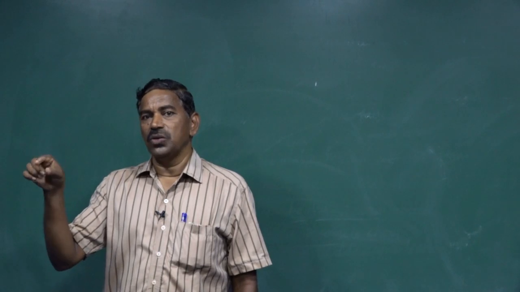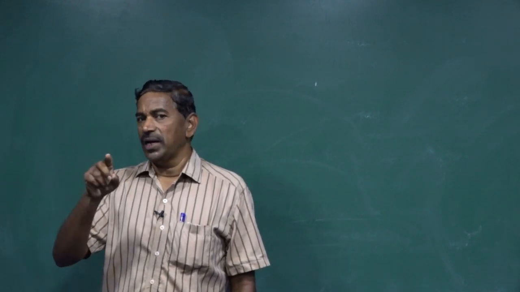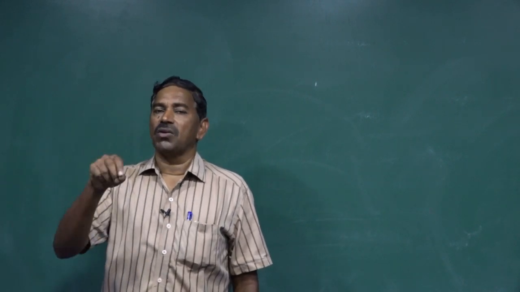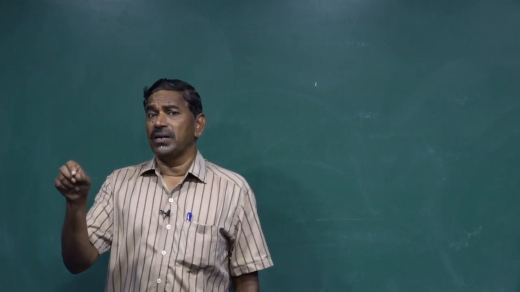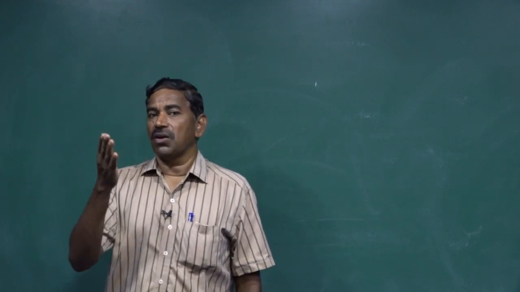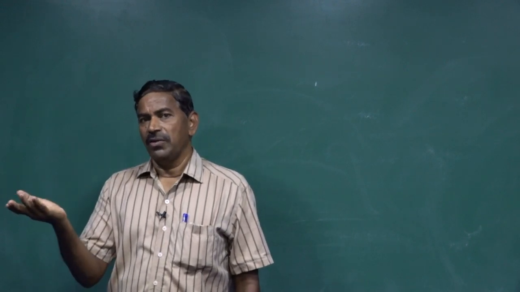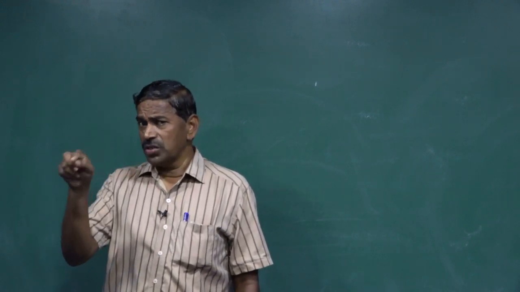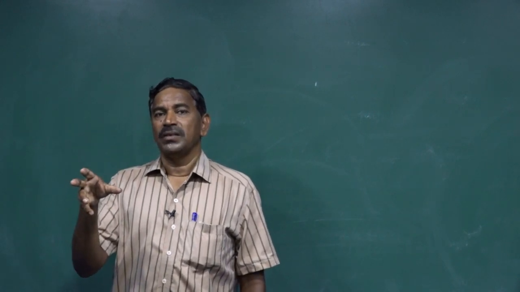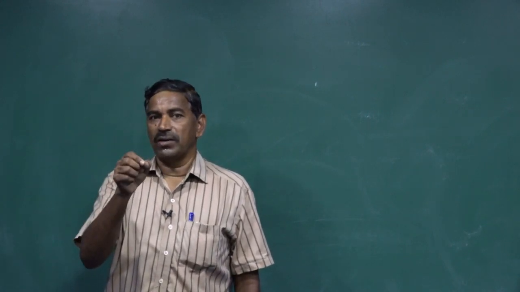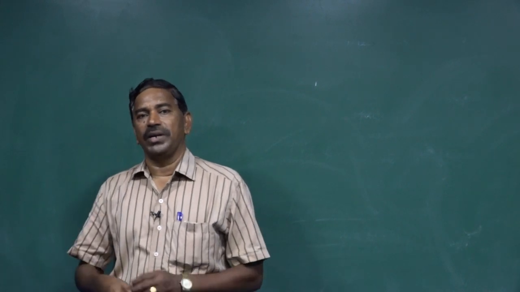That is sin 0 into n cap. Sin 0 is 0, so A vector cross A vector equals 0 vector. Similarly, B vector cross B vector equals 0 vector, C vector cross C vector equals 0 vector, X vector cross X vector equals 0 vector. The concept is that the cross product of itself vectors equals 0 vector.